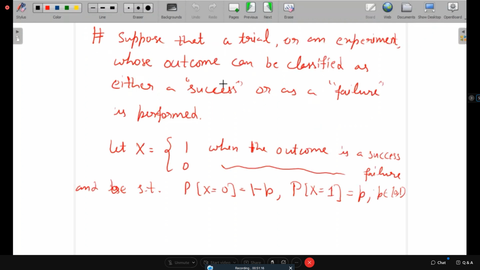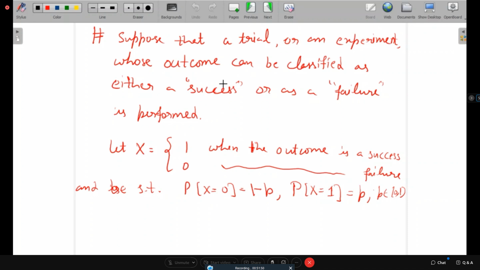Now let's move forward to identify special types of random variables. So the first random variable which we are going to define is a Bernoulli random variable. You can understand a Bernoulli random variable as follows: you perform an experiment or a trial whose outcome you can look at as either a success or a failure.